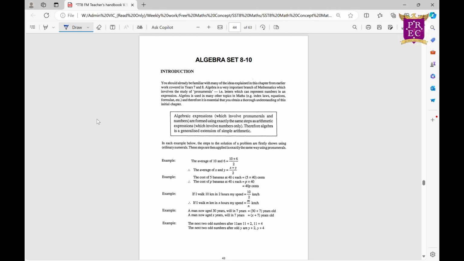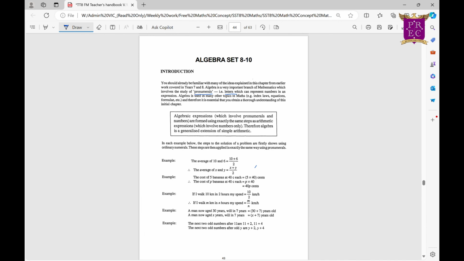Everyone. Today we will be beginning to do algebra, which will consist of sets 8 to 10. If you are not already aware, algebra is a branch of mathematics which involves unknown numbers, and the unknown numbers are represented through pronumerals, which are essentially just letters that, as it states, represent unknown numbers.